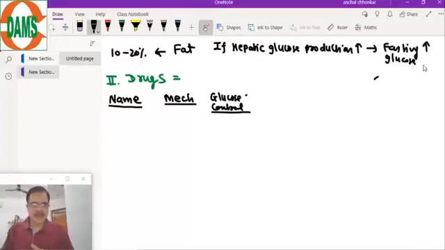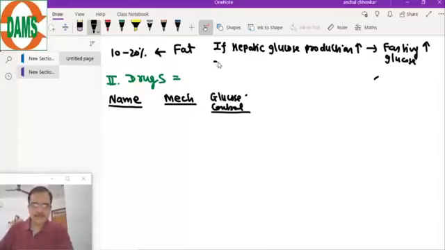So we are making a table, and you can make this table on horizontal paper, because it will have multiple columns: name of the drug, mechanism of the drug, and which glucose is controlled, fasting or postprandial. And the concept is, if hepatic glucose production is increased, then fasting glucose will be increased.